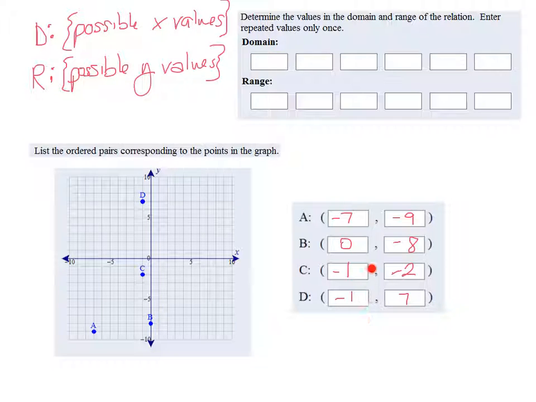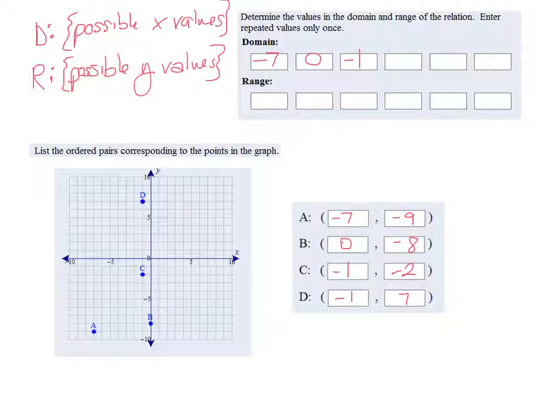So when I'm doing my domain, remember that's my x's, so I'm looking at all these numbers right here. It looks like my possible x's would be -7, 0, -1, and there's no reason for me to write the next -1. Don't repeat that. So there's my domain right there.